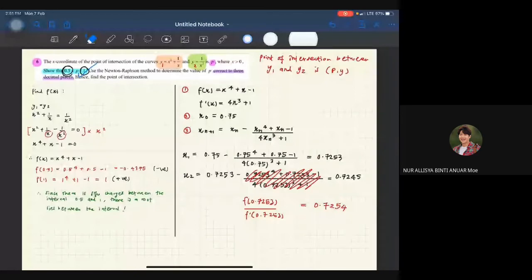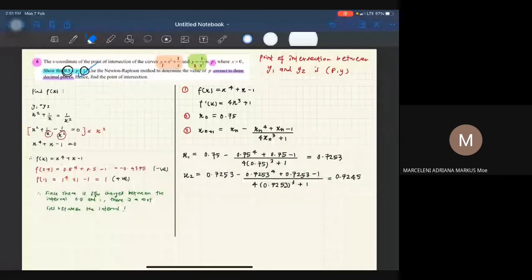Edi, boleh ke? Okay, so Marcel ada tanya soalan. Ada angkat tangan, kenapa? Marcel ada soalan nak tanya ke? Miss. Yang formula tu XN plus 1 tu mesti tulis kah? Ataupun boleh lompat terus pergi X1 lah gitu. Tak jelas.